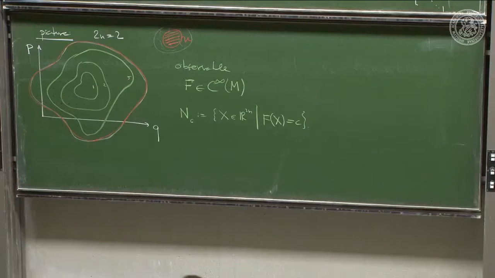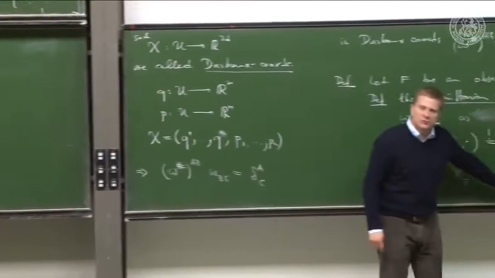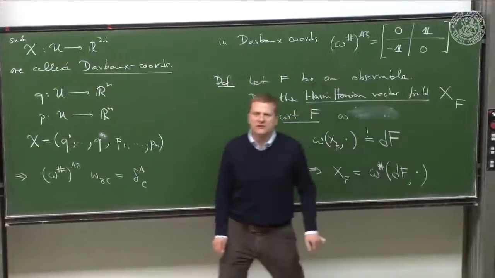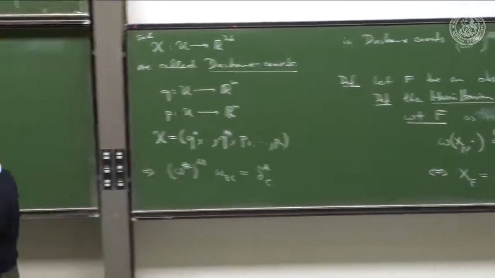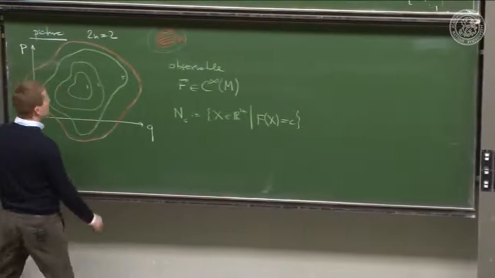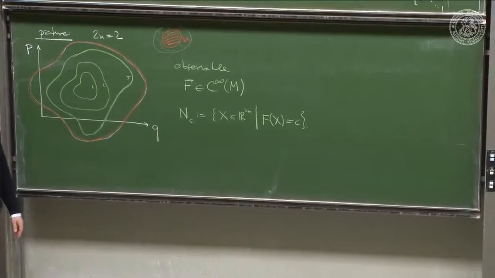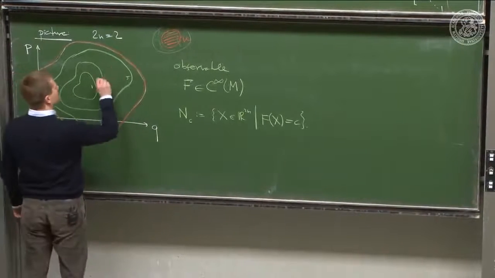Now, let's construct the Hamiltonian vector field that corresponds to an observable with such a level set. So here, obviously, what we need to do, we need to calculate the exterior derivative of the function. But the exterior derivative of a function is simply the gradient, right? It's a partial derivative in all the directions.